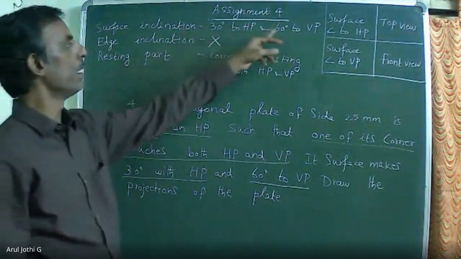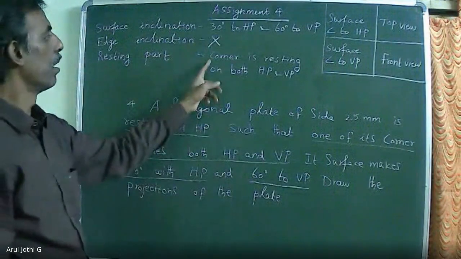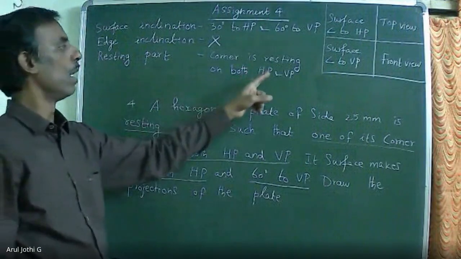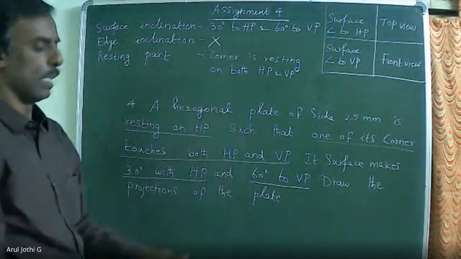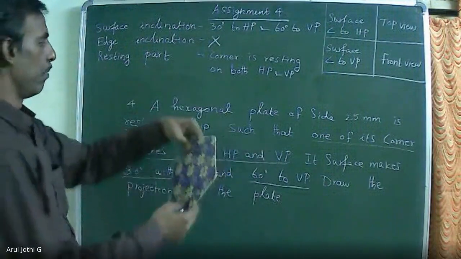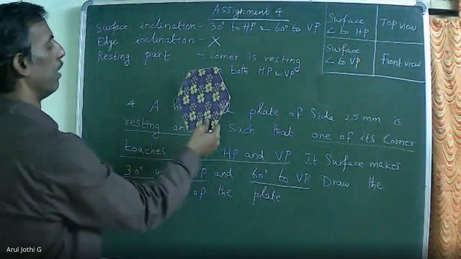Whenever two surface inclinations are given, you have to look for whether the corner is resting on HP or VP. The corner is resting on HP means you can start with the top view. The corner is resting on VP means you can start with the front view.